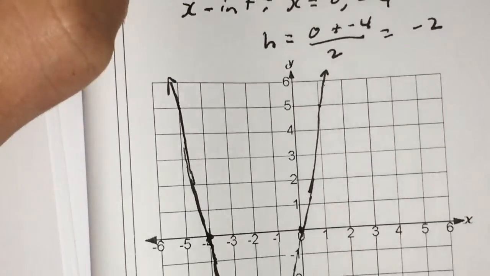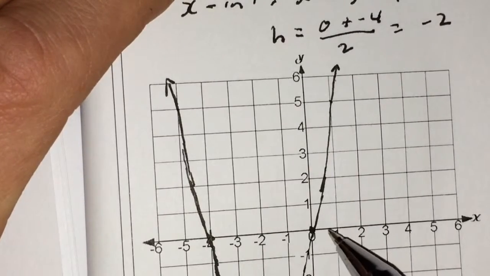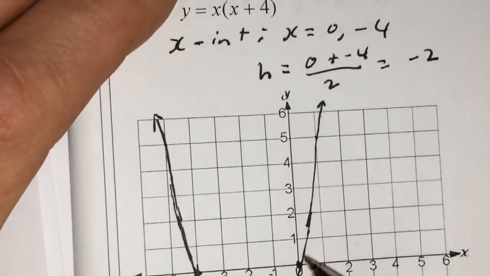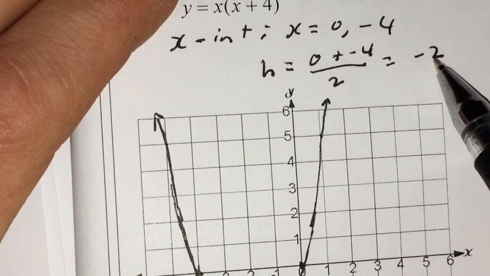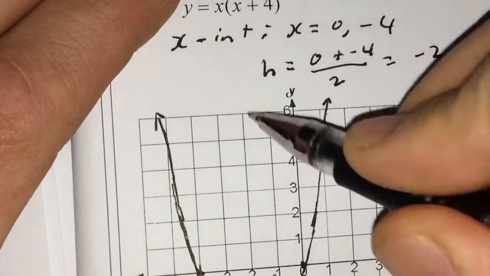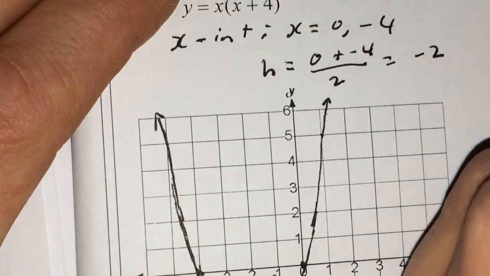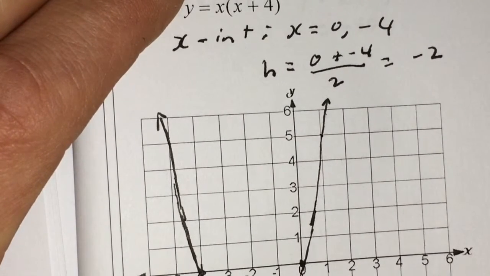Let's take a look at this graph. Here are the x-intercepts, negative 4 and 0, so that's where it crosses through there. Negative 2 is the x-coordinate of the vertex. The axis of symmetry is x equals negative 2. How did I get this y-coordinate of negative 4?